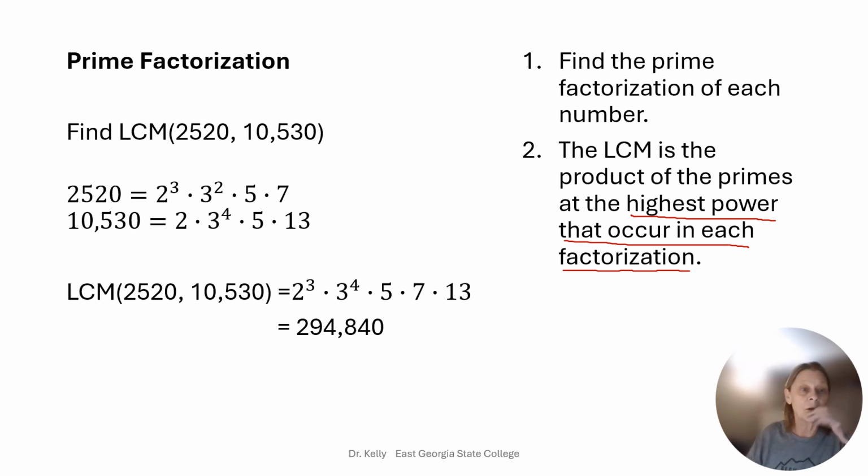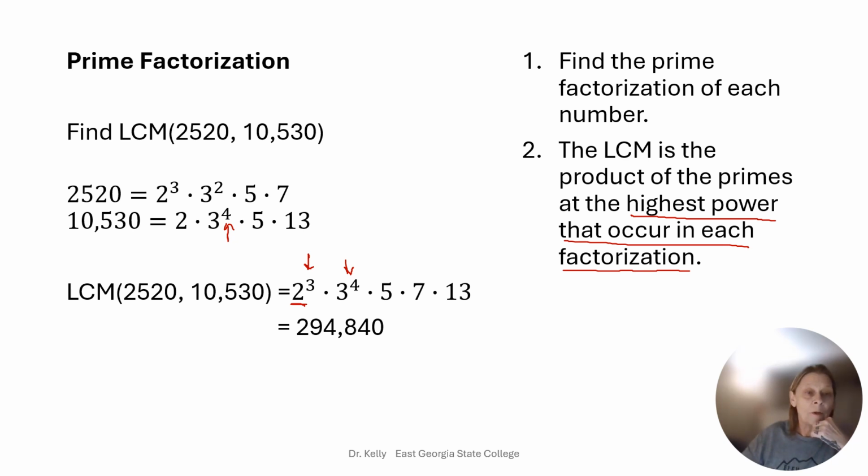All right, so if we look here, in between the two, it's asking us to look at the highest power. We both have 2, so for the prime 2, the highest power was 3. For the prime 3, the highest power was 4.